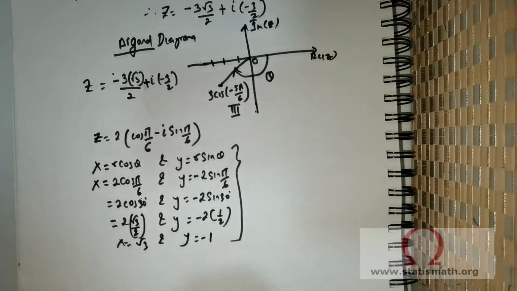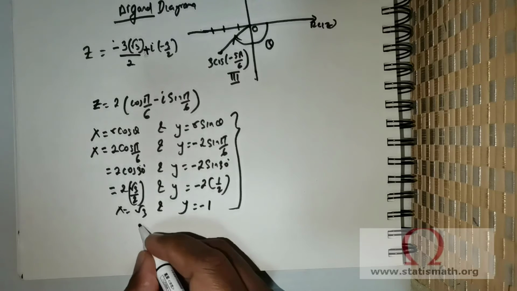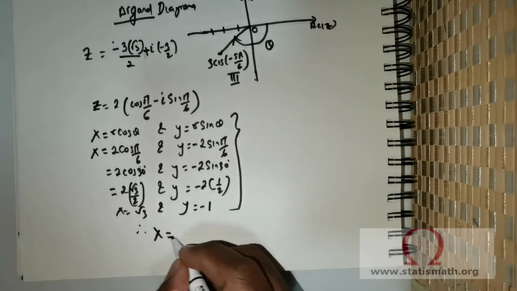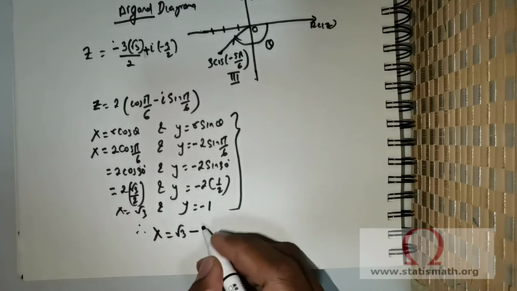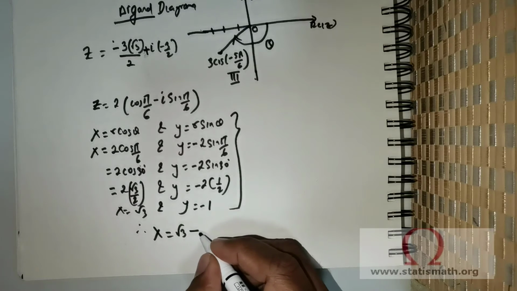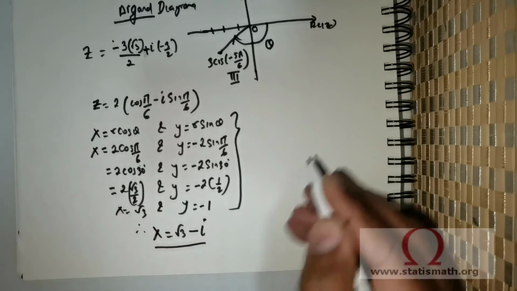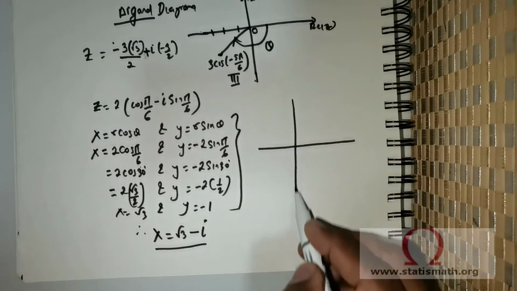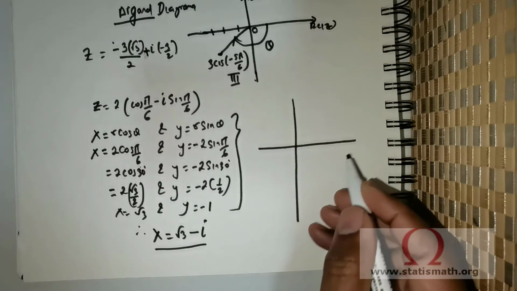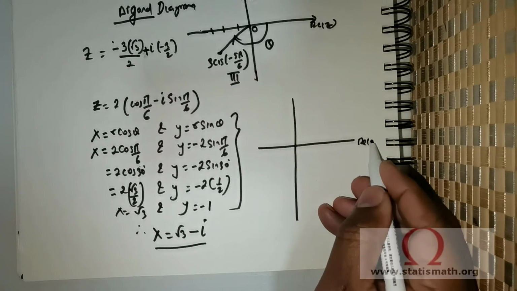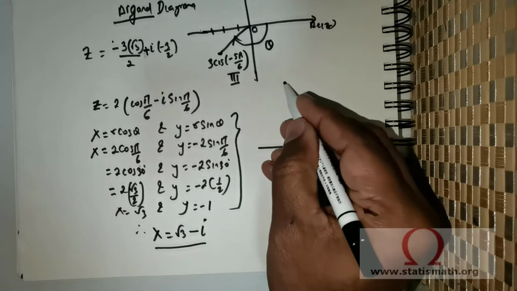So if I were to write this complex number, x is going to be root 3, and negative 1, so that's going to be negative i there. The Argand diagram, if you were to draw it, this is the real part of the complex number, and this is the imaginary part.